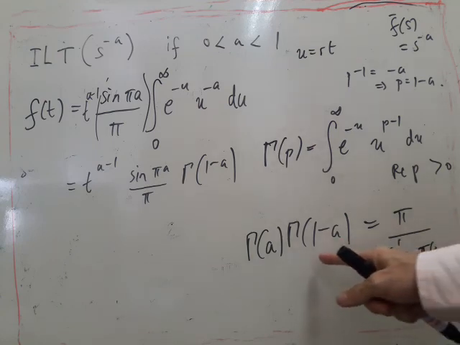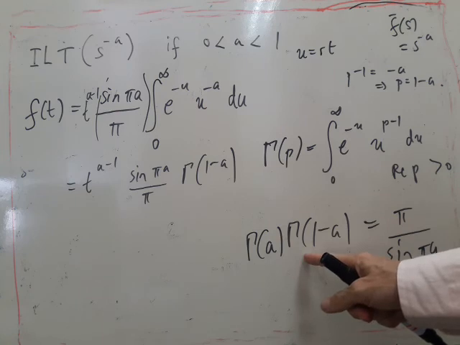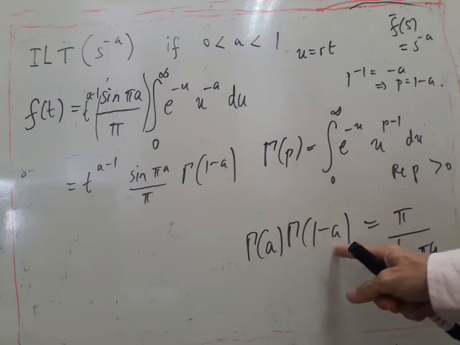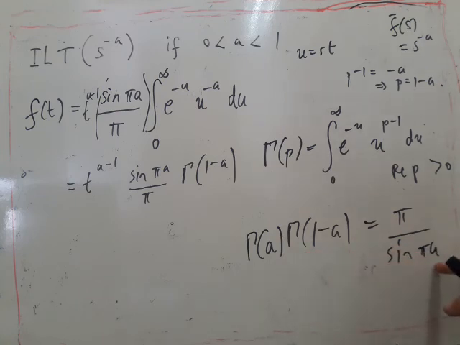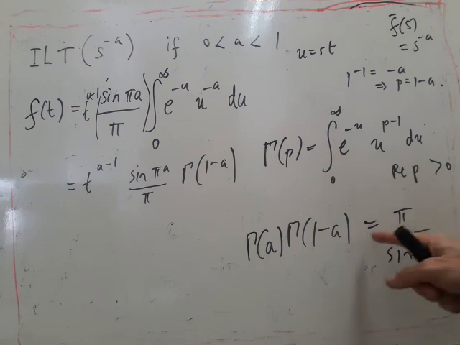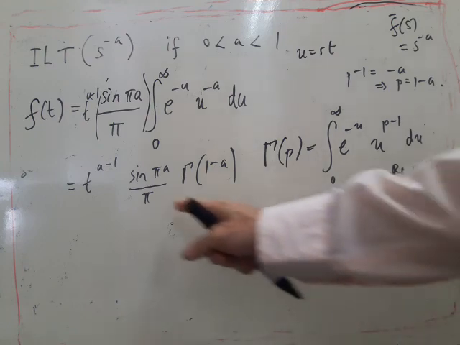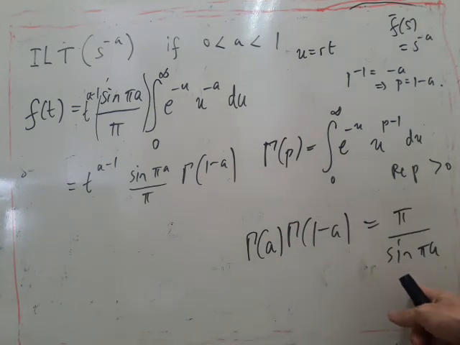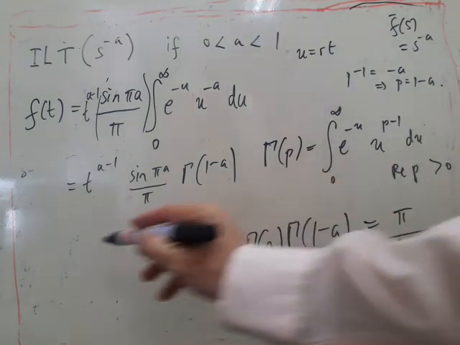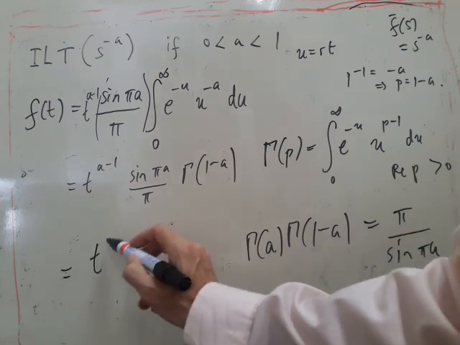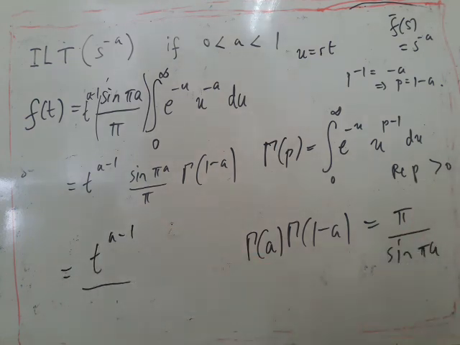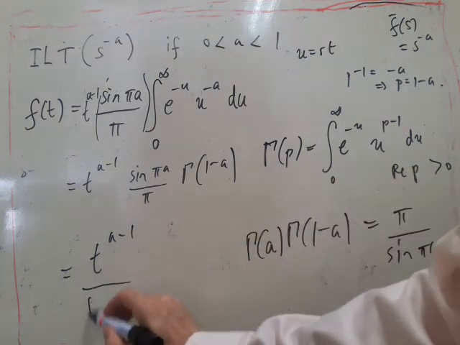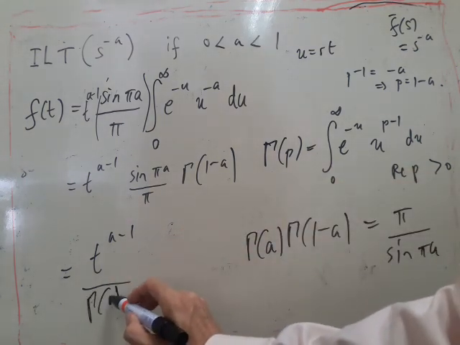So we can see that therefore gamma 1 minus a times sine pi a divided by pi is actually just equal to 1 over gamma a. So the final answer is t to the a minus 1 divided by gamma of a.